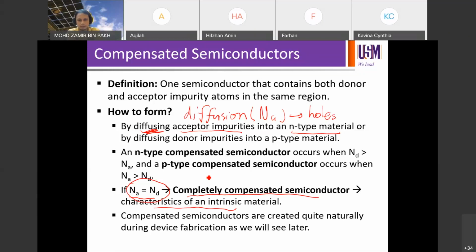When Na is equal to Nd, what does it mean? When A is equal to B, then what does it mean? Electrons and holes are the same, right? So if you have the same number of electrons and holes, do you have any majority carriers?